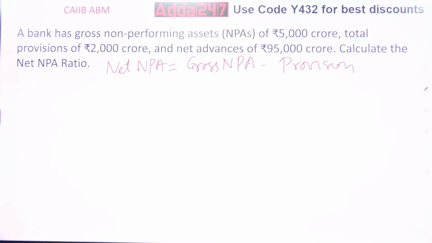Got it, everyone? So now let's solve this. What is given? Firstly, gross NPA minus provision. What is my gross NPA given? Gross NPA is 5,000 crore. And what is the provision given? Total provision of 2,000 crores. So first find out net NPA.